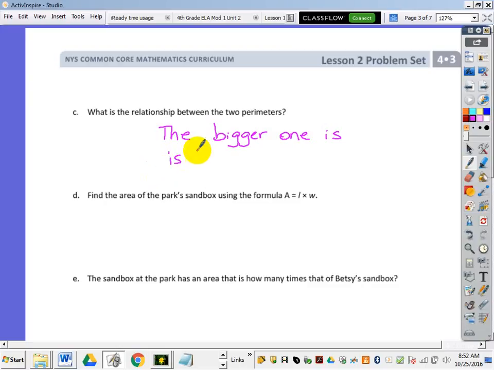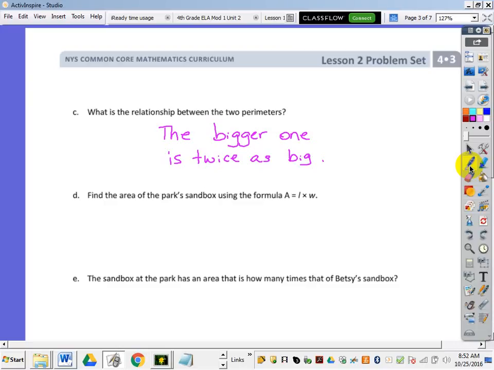You already wrote the bigger one is twice as big. I'm going to take that "is" out. How's that? The bigger one is twice as big as the smaller one. Do I need to write that in there, or does it stand to reason it's twice as big as the other one? Could we leave it like that?